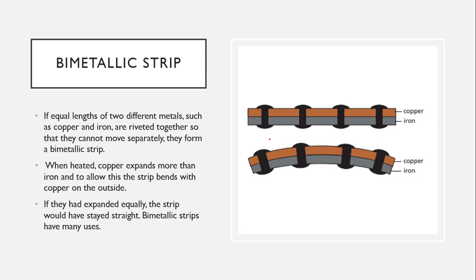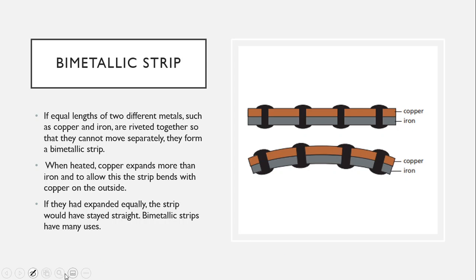The reason why we have two different metals of different expansivities is because, let's just say we had two strips of the same expansivity, and we had just one strip of copper, then if it expanded, it would have expanded in just one certain direction and would have stayed straight.